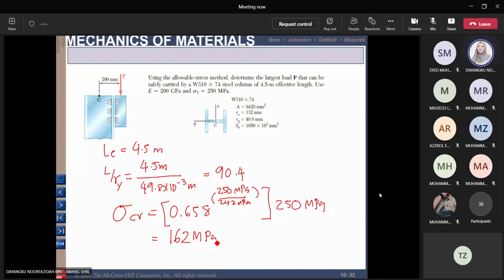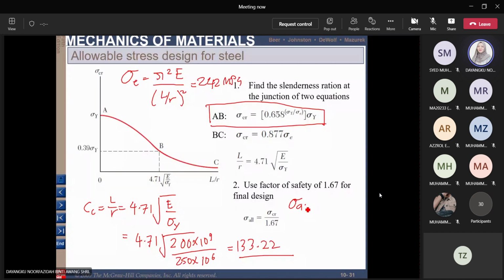Then we can go back to this equation here to get the value of the allowable stress. Your allowable stress is now critical stress divided by the factor of safety 1.67. So what will be the allowable stress value?